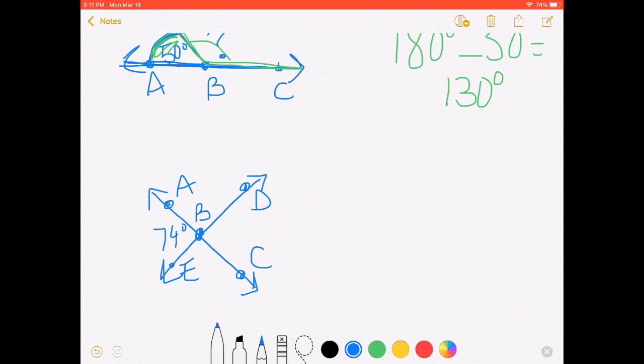And we are asking, what is the measure of angle DBC? Well, angle DBC is a vertical angle with this 74-degree angle. They're directly across from each other. And remember, vertical angles are congruent, so they have the same measures. So angle DBC would be 74.